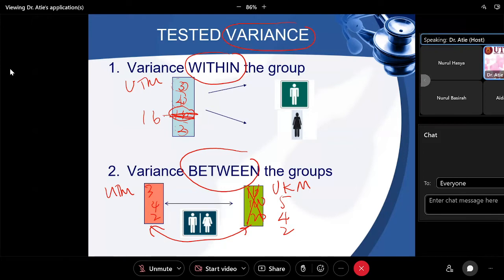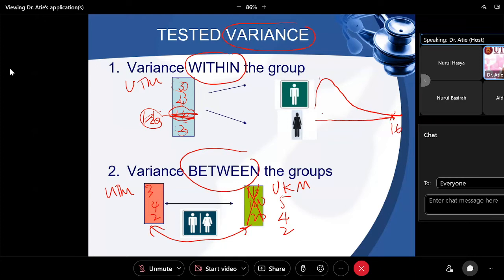Yes, kita boleh buang orang ni daripada analysis. Remove this person from our research, from our study. Because we don't want to study about that person. Because when we draw the normal distribution, it will be like this. It will be skewed because here is the 16.